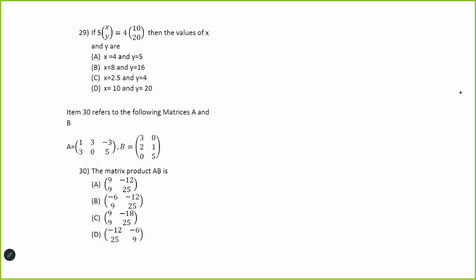Alright, this one here, repeated question. We know that x was 8. We said 5x is equal to 40, so x would be 40 divided by 5. This one here, if I recall, it was 9, negative 12, 9, 25.